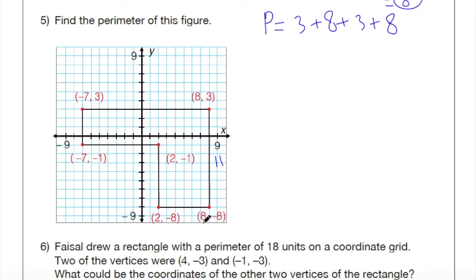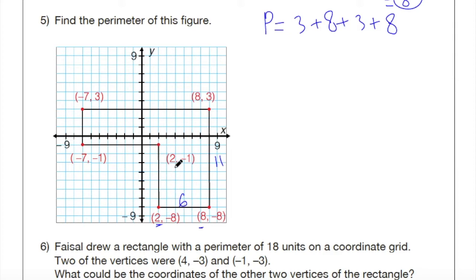Here you have 8 and 2, which have the same sign, so it will be absolute value of 8 minus absolute value of 2, which is 8 minus 2, which is 6.